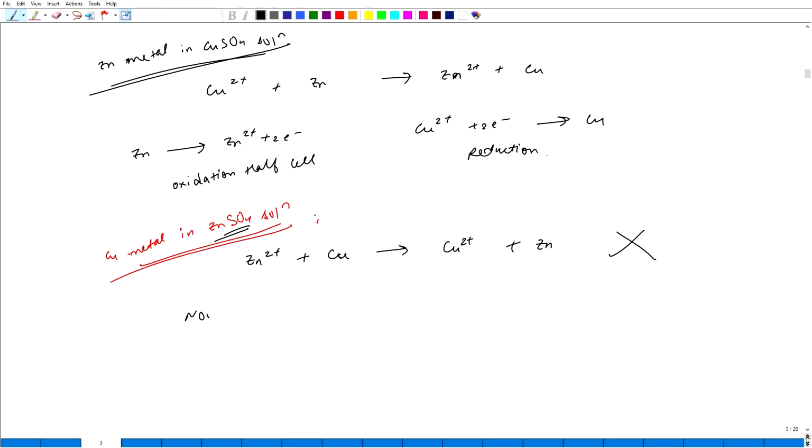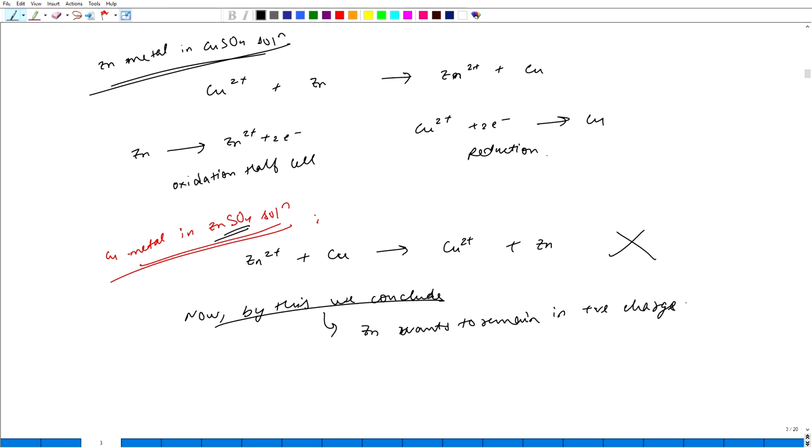By this, what we conclude is that zinc wants to remain in plus 2 oxidation state. Zinc wants to remain in positive charge, not oxidation state; oxidation state is a term I will introduce later.